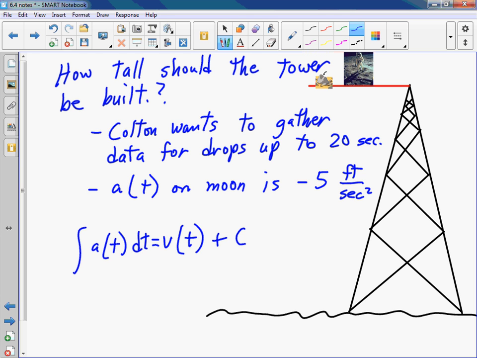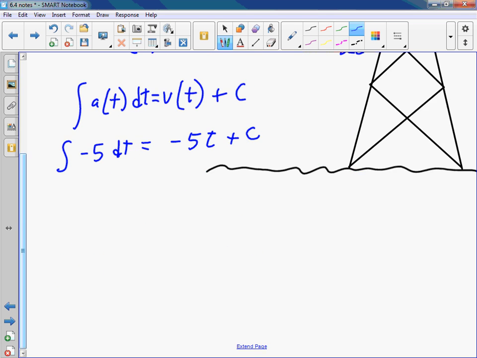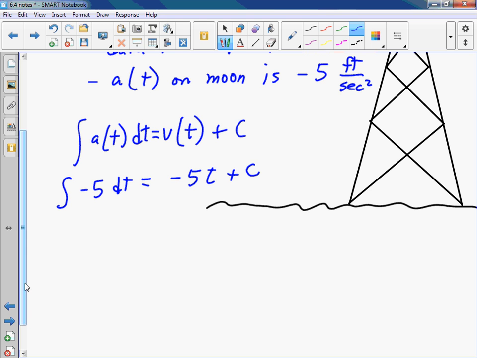And so if we take the integral of negative 5 feet per second squared dt, we will get negative 5t plus c. Now, in this case, since astronaut Colton is just dropping them out of his hand, initial velocity will be 0.